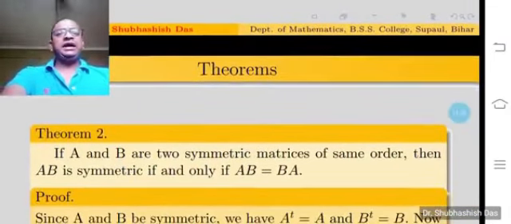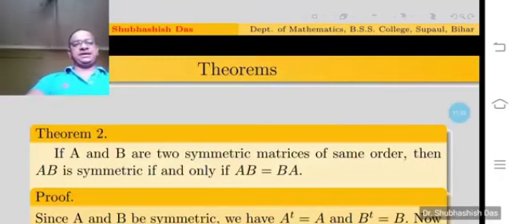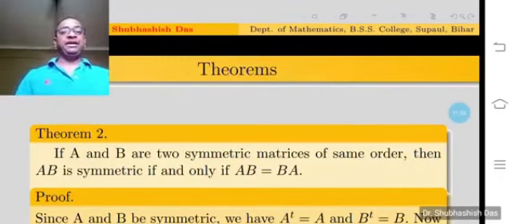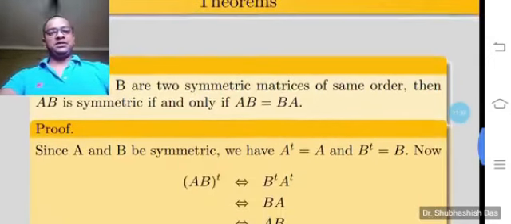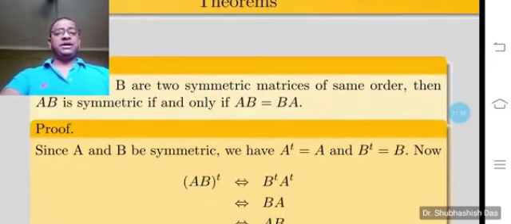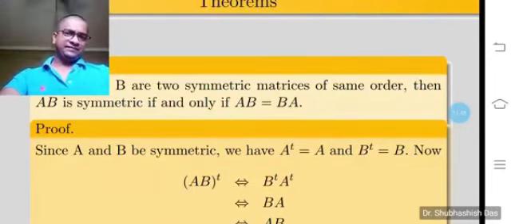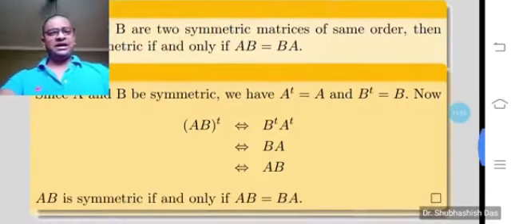Theorem 2: if A and B are two symmetric matrices of the same order, then AB is symmetric if and only if AB is equal to BA. So what we have to prove? (AB) whole transpose is equal to AB, right? So let's check. (AB) whole transpose implies and is implied by B transpose A transpose, implies and is implied by BA.